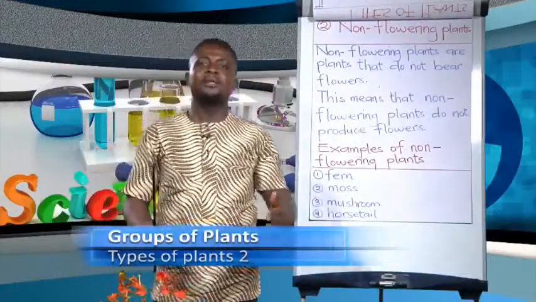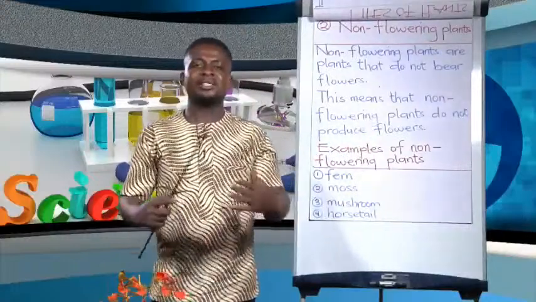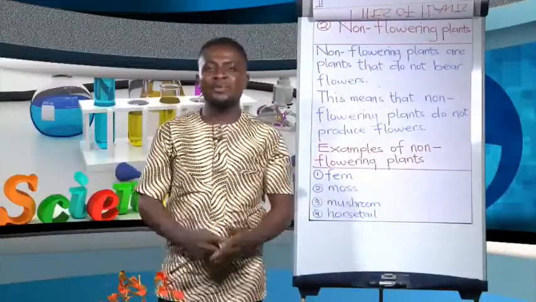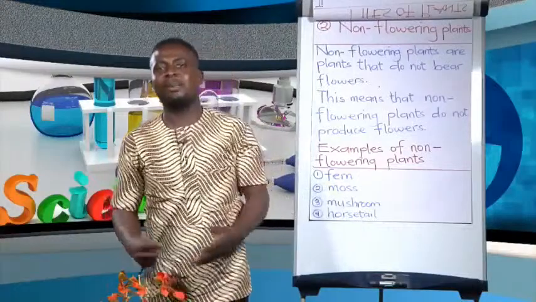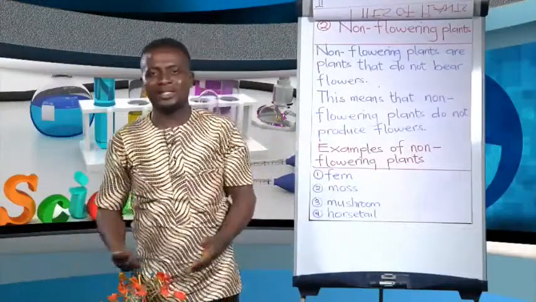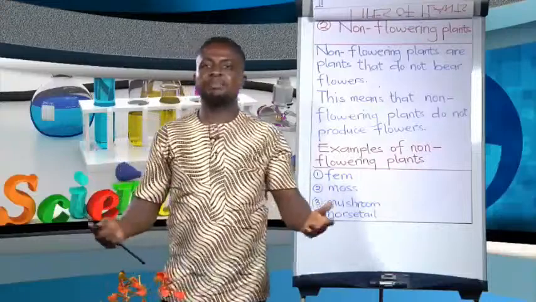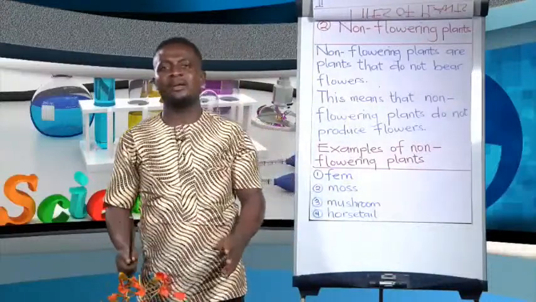Flowering plant produces flowers, and some examples were given. We also learned about non-flowering plants, and these plants do not bear flowers. Some example of this was also given.